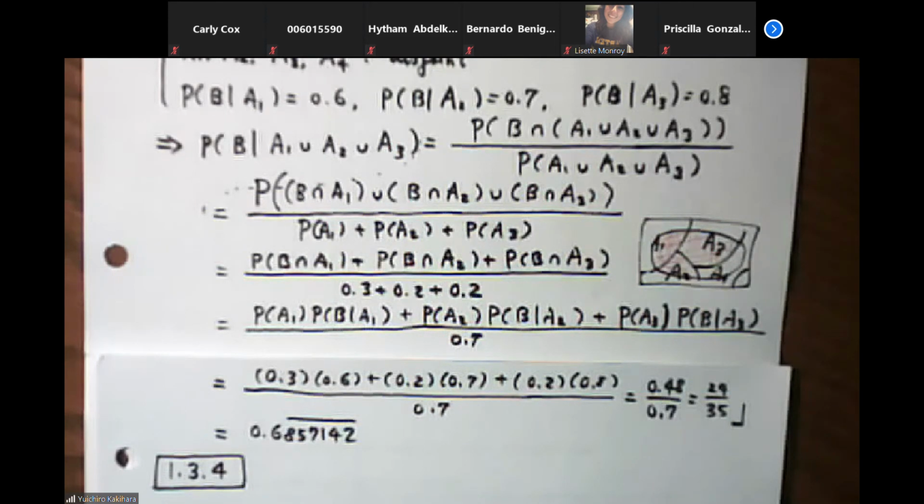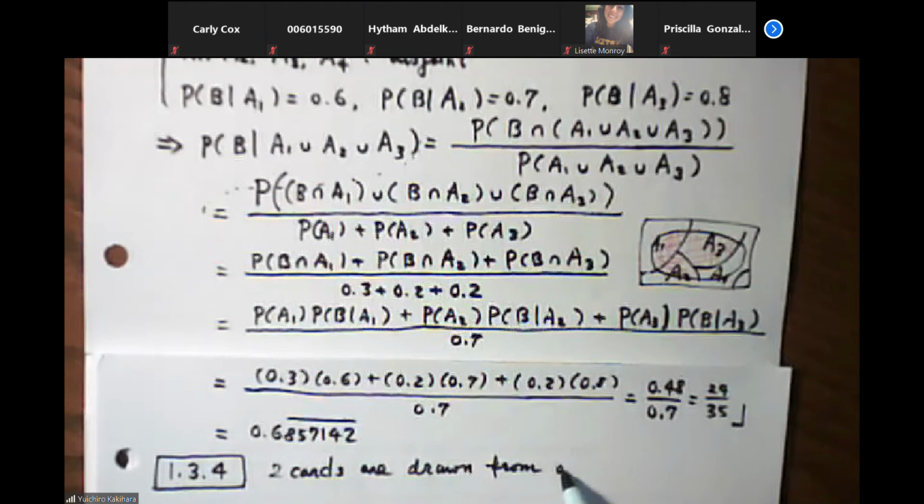Two cards are drawn successively and without replacement from an ordinary deck of playing cards. 52 cards are there. Compute the probability of drawing two hearts. So two cards are drawn successively from a deck of 52 cards, without replacement.